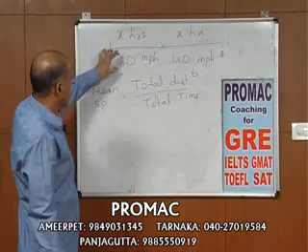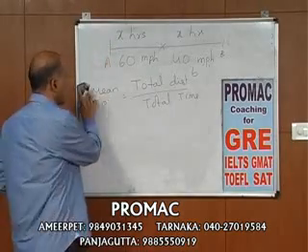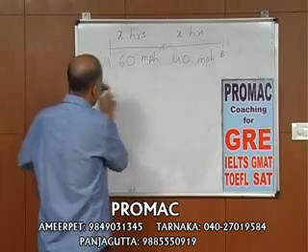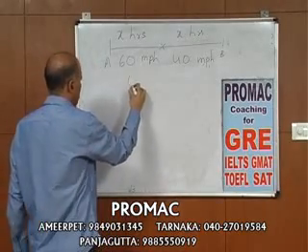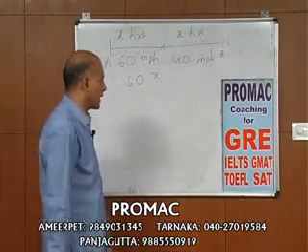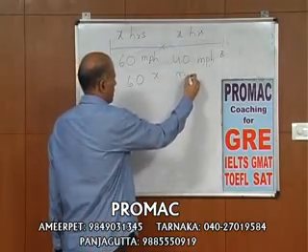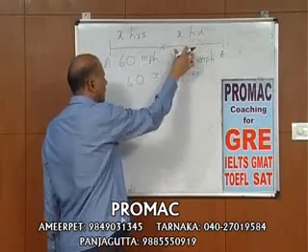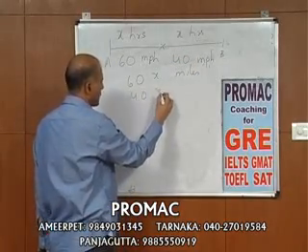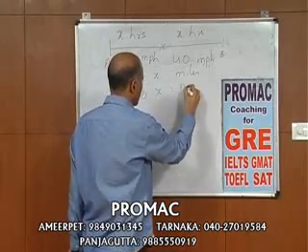X hours, I travel at a speed of 60 miles per hour. If x hours I travel at a speed of 60 miles per hour, how much distance have I travelled? 60x miles. Remaining x hours I travel at 40 miles per hour. So what is the distance? 40x miles.